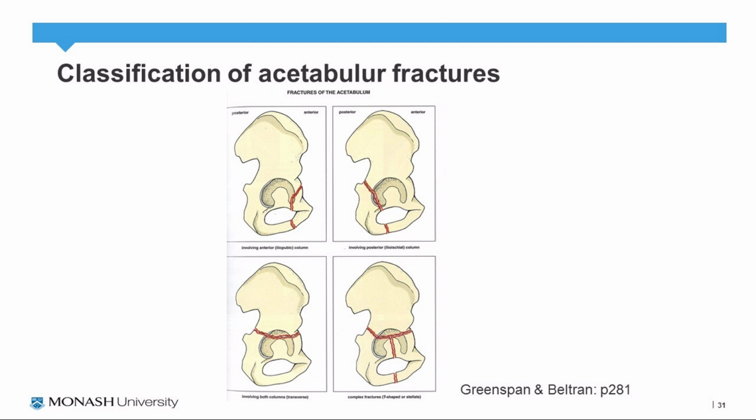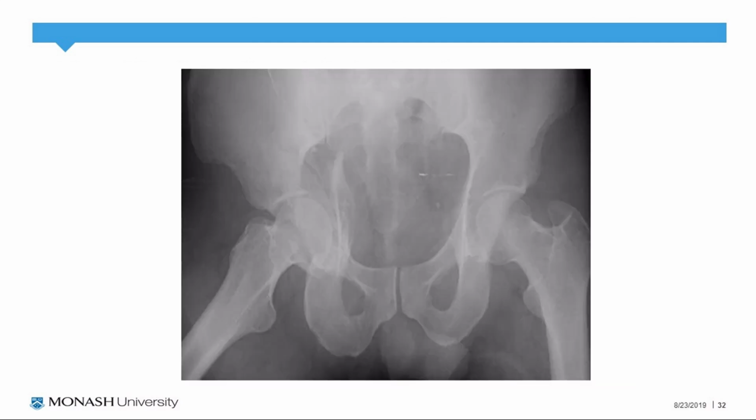We could also have fractures involving both of the columns in a transverse direction, as well as complex fractures which can be either T-shaped or stellate. And here we can see on the right side that the column of the acetabulum has been disrupted.